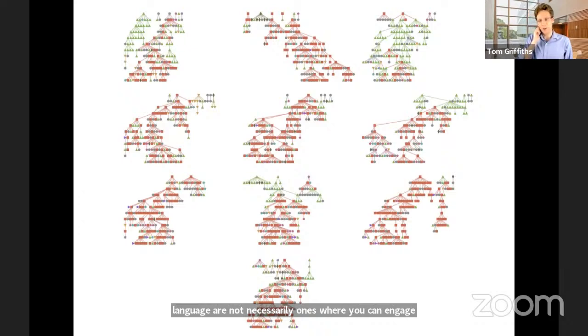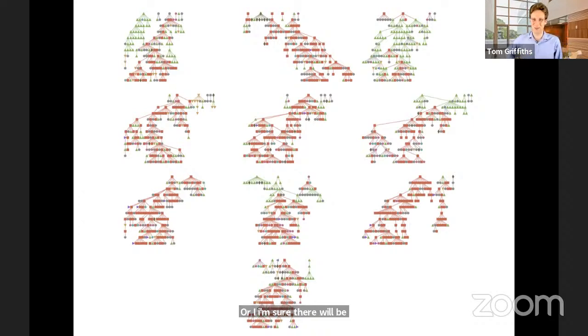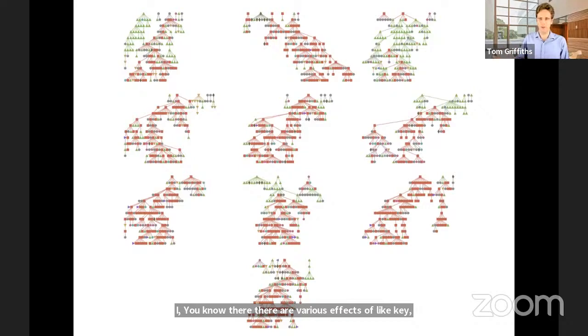Although I'm sure there would be sociolinguists who would say otherwise. There are various effects of kids learning things from peers rather than from parents, or other more subtle aspects of language where you do see social selection effects at work.